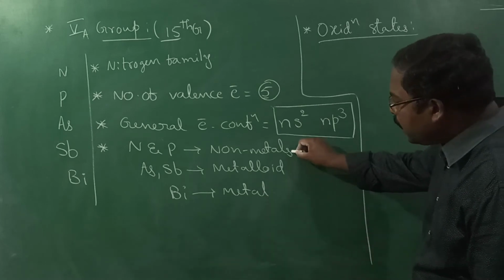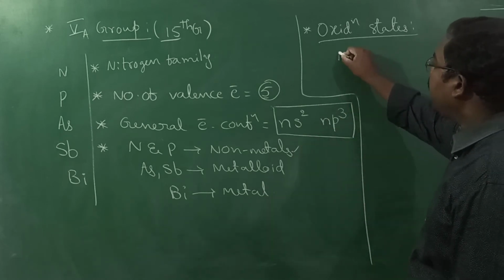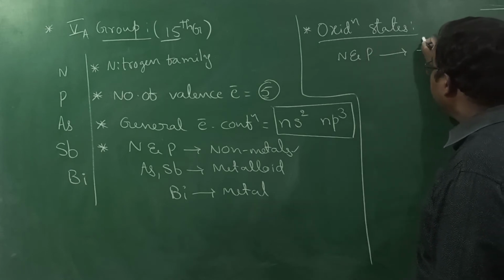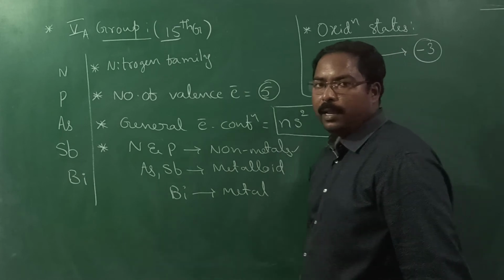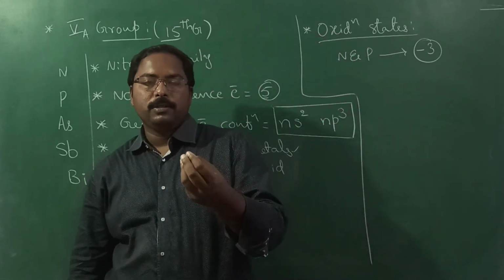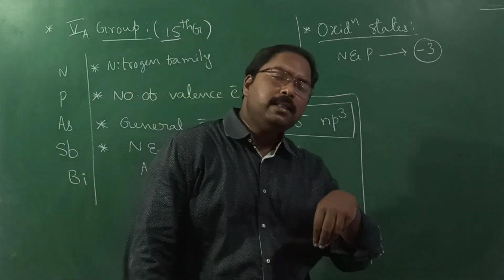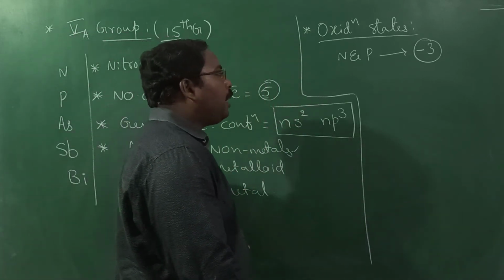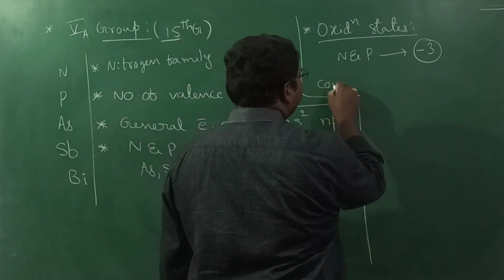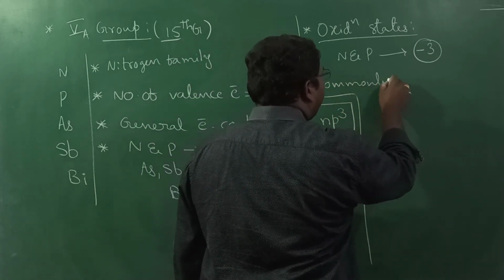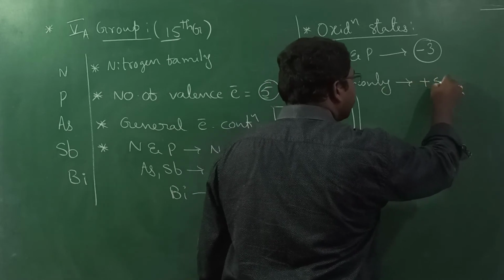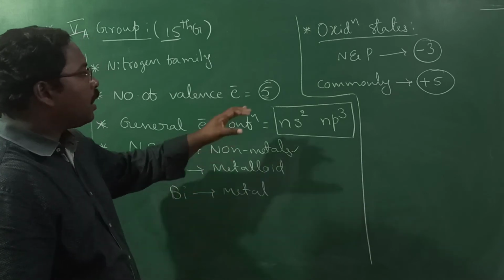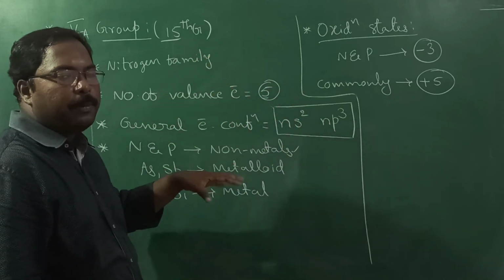So as these starting elements, nitrogen and phosphorus, are non-metals, they commonly show an oxidation state of -3. Why minus? Because they are able to gain 3 electrons, then they get octet configuration. But commonly all these elements exhibit the oxidation state +5. Okay? The common oxidation state of these 5A group elements is +5.